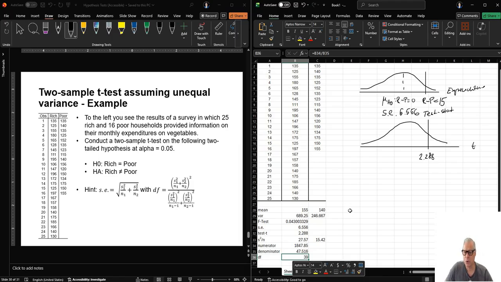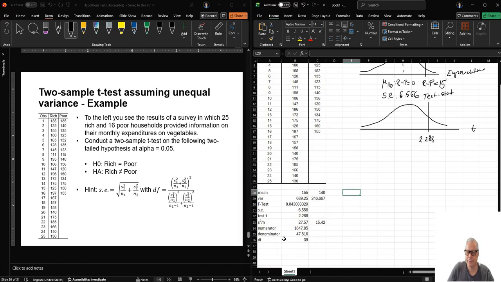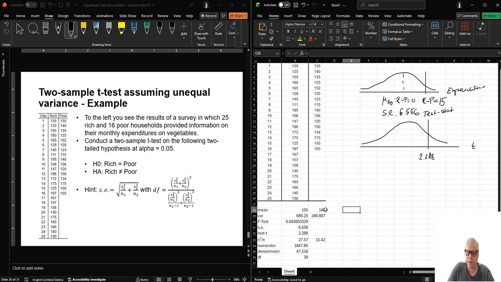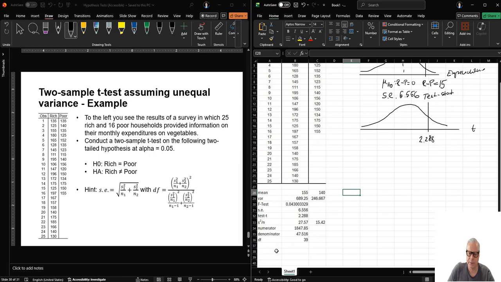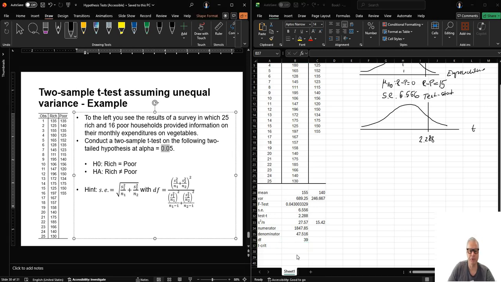Okay, so I applied that formula, and now we can determine the critical T. So I put that here, underneath. So the T critical. Okay, so we know 39 degrees of freedom, and we have an alpha of 5%.